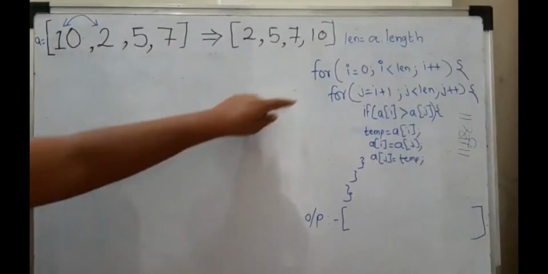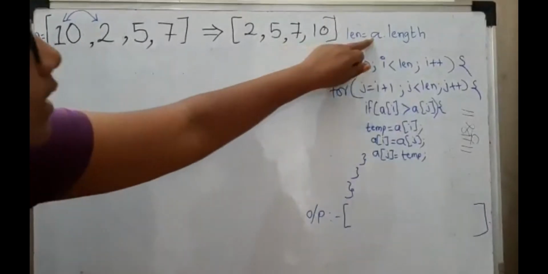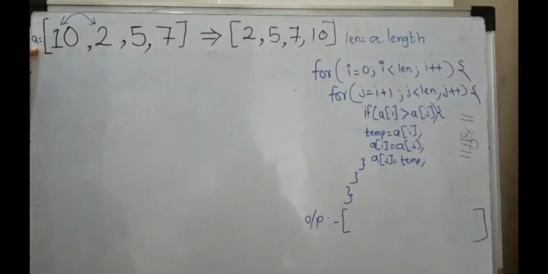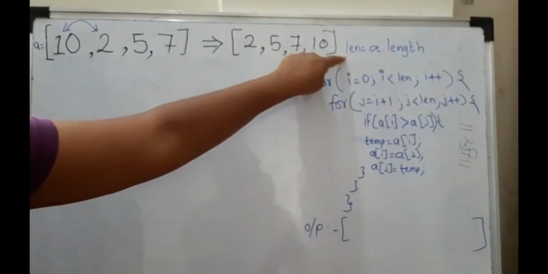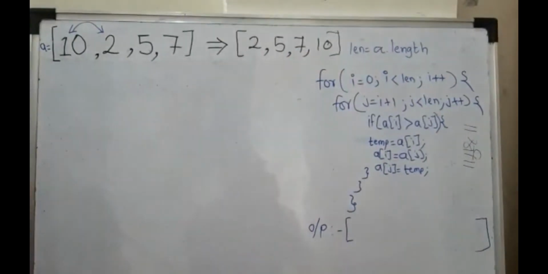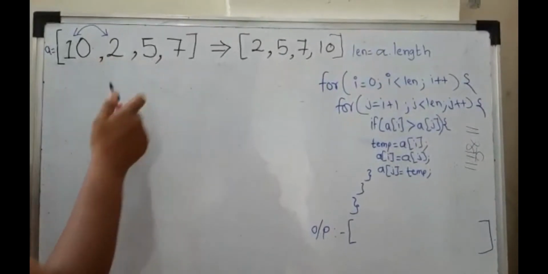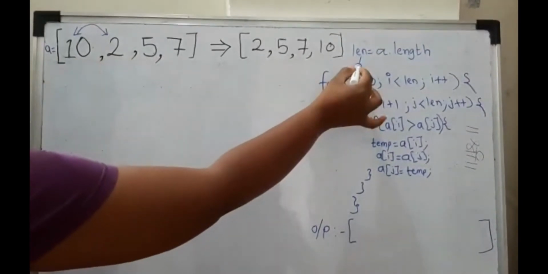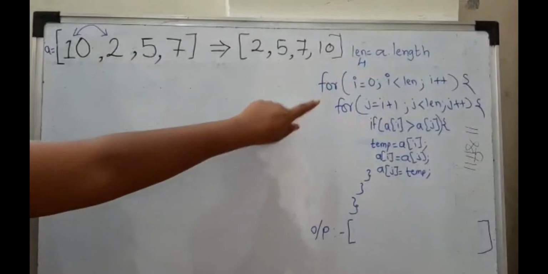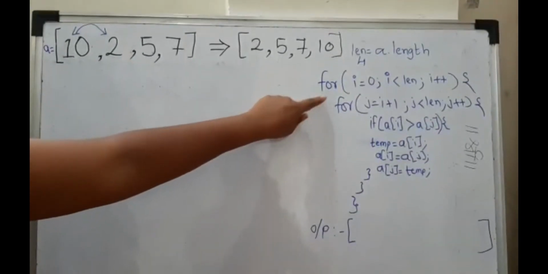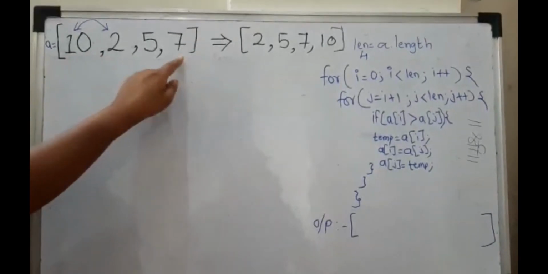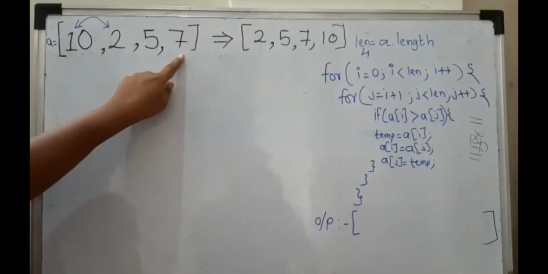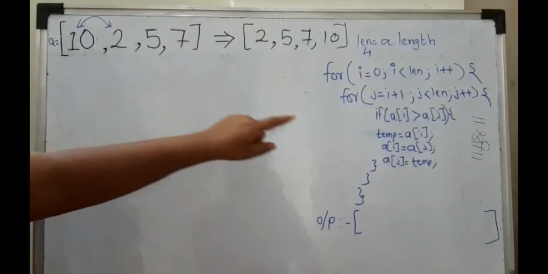So this is our actual code. Let's label the array as a. In a length variable we calculate the length of that array, which is 4. In the first, outer for loop, i starts with the 0 index and goes till the end of the array, that is length 4, with i plus plus.